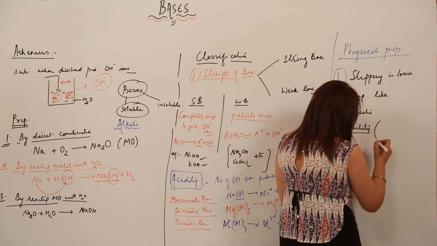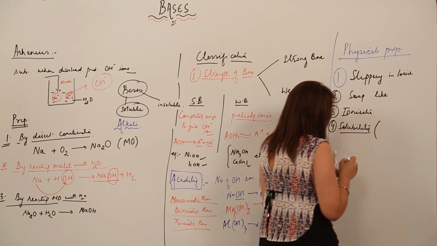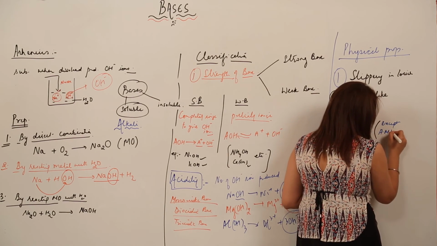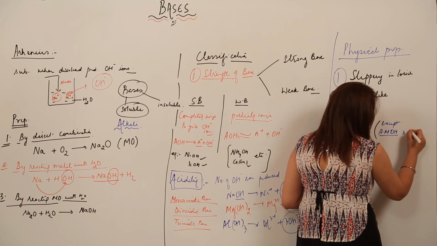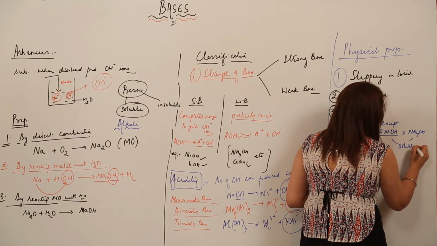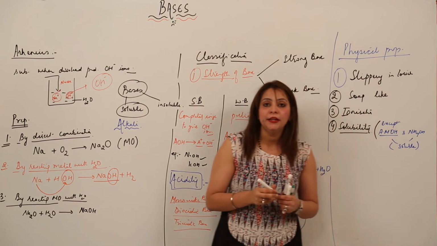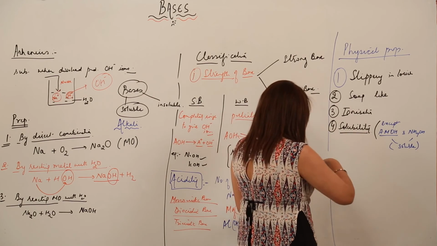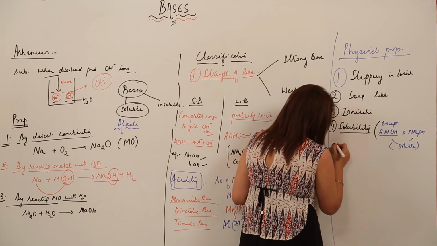So, I will just write an exception here: alkali metal hydroxides and ammonium hydroxide are soluble in water, all others are insoluble in water.